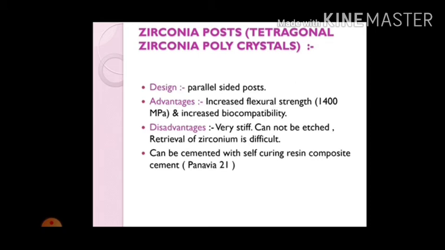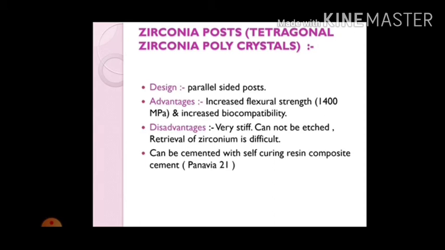It will result in a fracture very easily. So if you are planning to place a zirconia post, make sure you are placing it at the correct measurement. That means the length of the post has to be correct according to the theory you have learned till now. That is the main disadvantage of the zirconia post, and it cannot be etched.